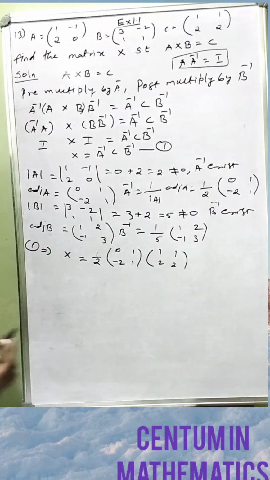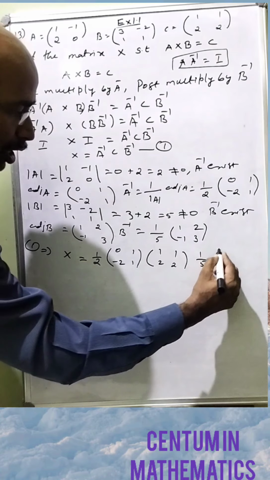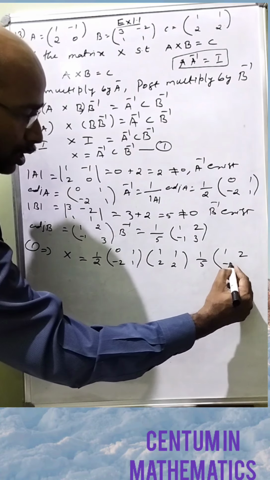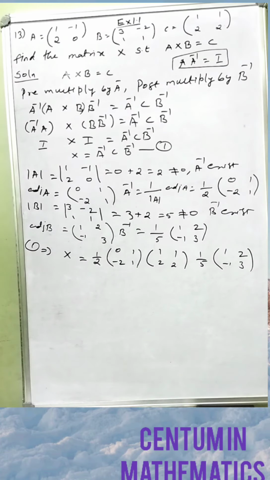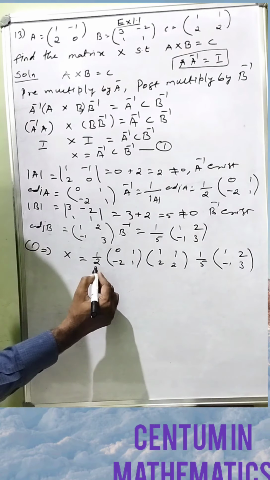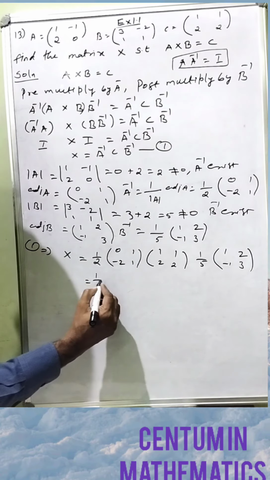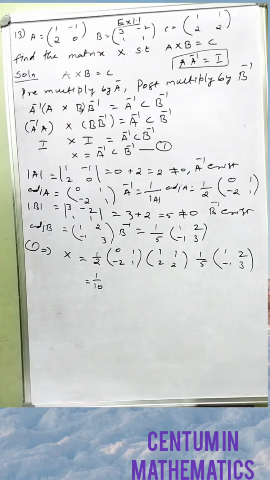The next B inverse, see that 1 by 5, 1, 2, minus 1, 3. That is B inverse. Okay, now see that 1 by 2 into 1 by 5 we get 1 by 10. Okay, now we have to multiply this one by one.